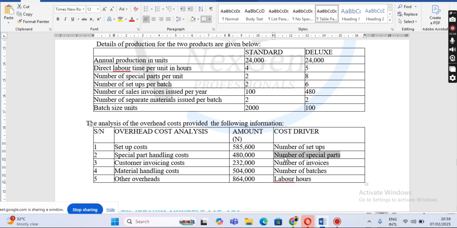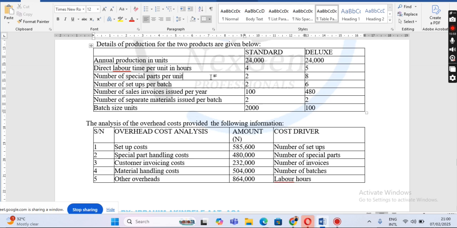You have numbers of special parts per unit. Definitely, when you multiply these two naira per unit times the total numbers of units, you have the numbers of special parts.